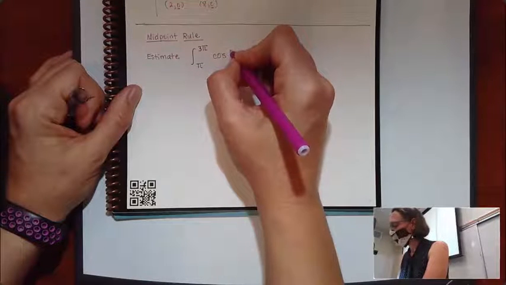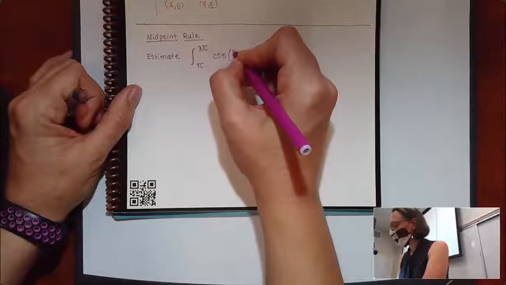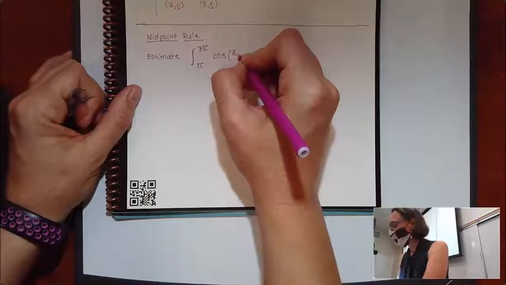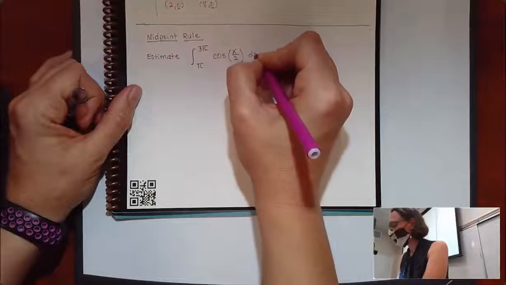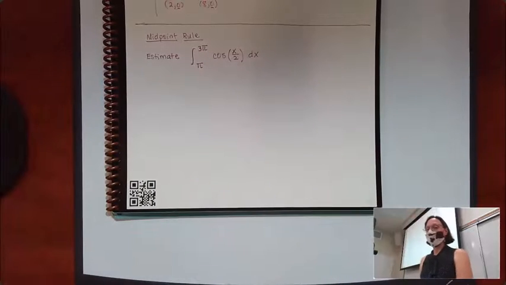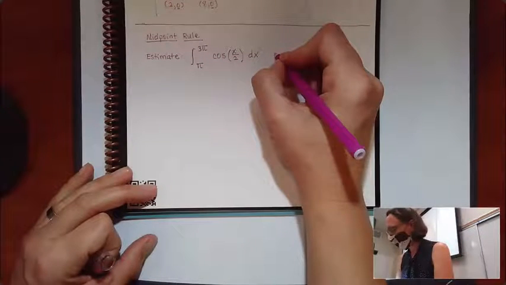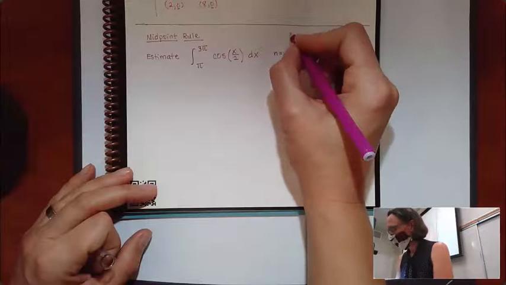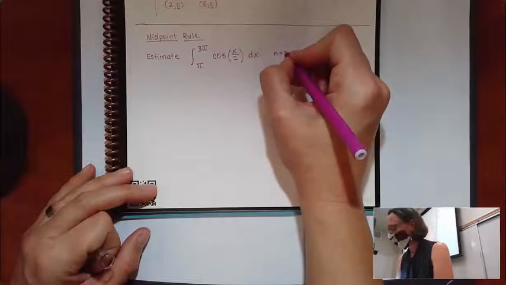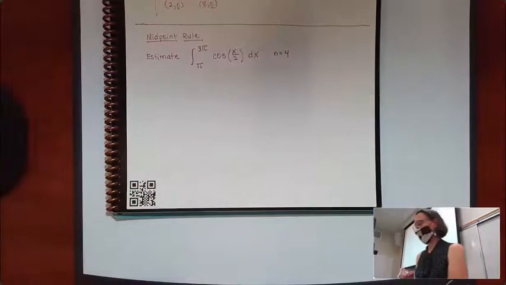I'm going to keep it pretty simple on this first one. Cosine of x over 2 dx. The other thing that we're going to have to be given for a midpoint rule problem is the n value, or the number of rectangles we're trying to break this into. I'm going to choose n equals 4.